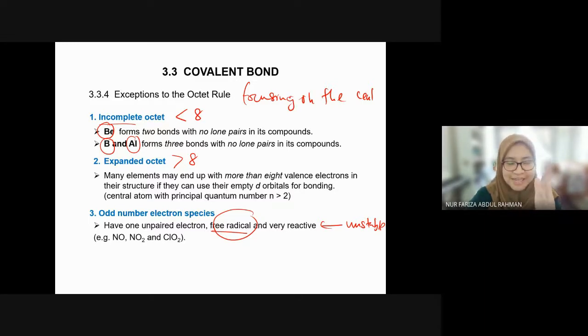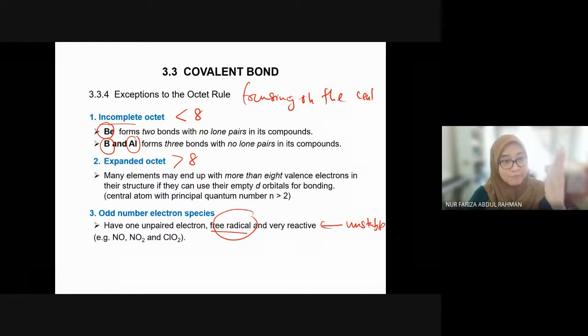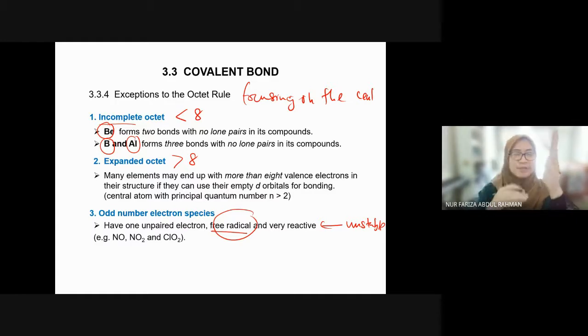Remember our process last time: after we calculate and place all the electrons, lastly we check whether each atom is octet or not. But for beryllium, boron and aluminium, you don't need to octet them.